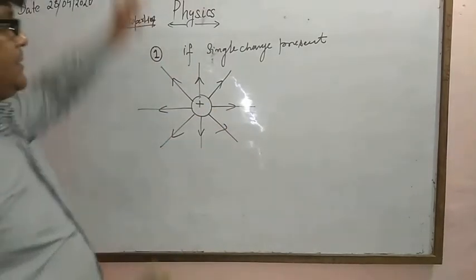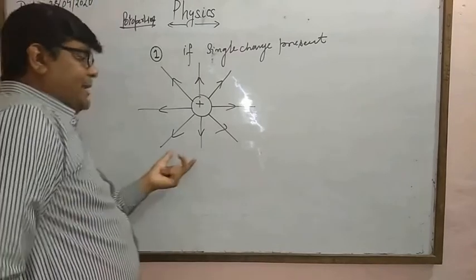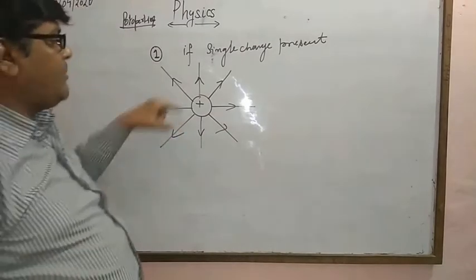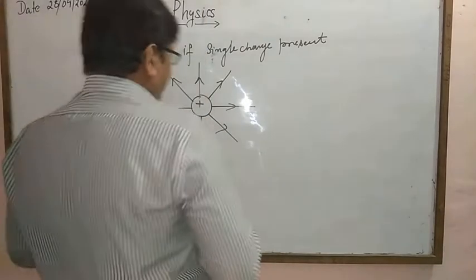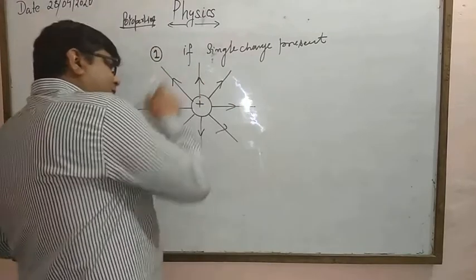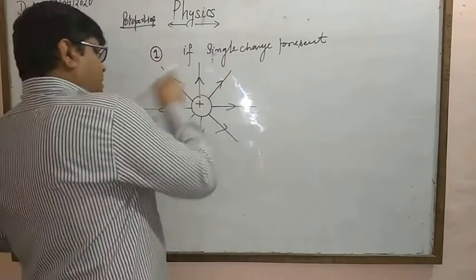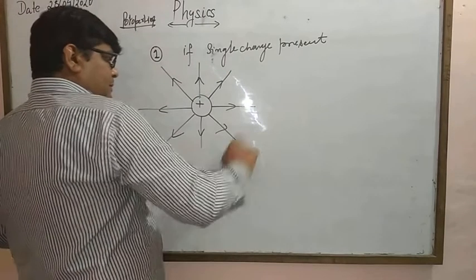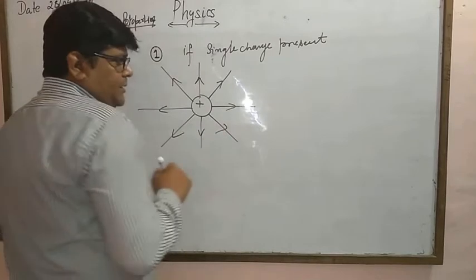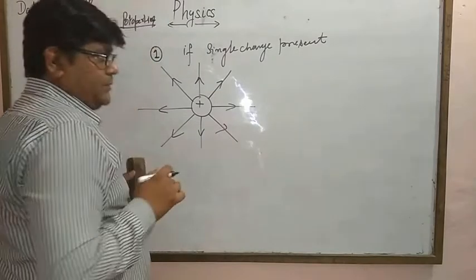If a single positive charge is present, these lines always come from the positive charge and go to infinity. These lines are also called radial lines. Suppose a circle, the lines indicate the radius. So it is radially outward.